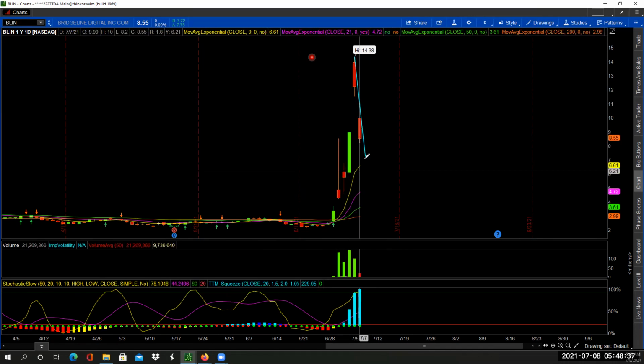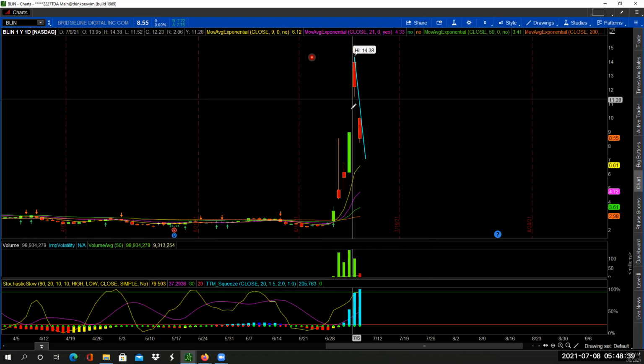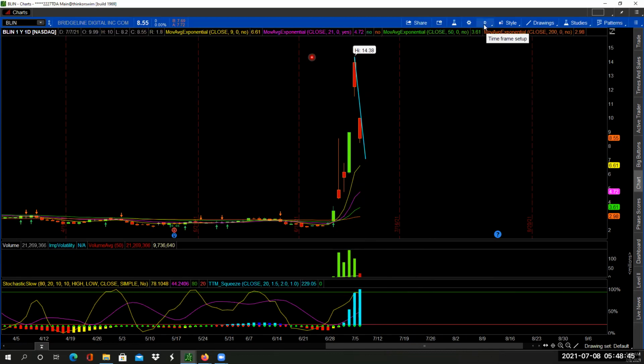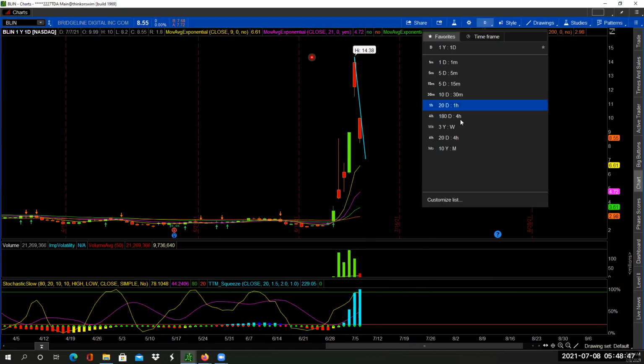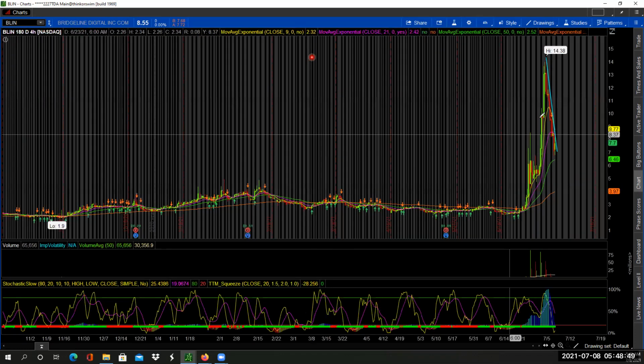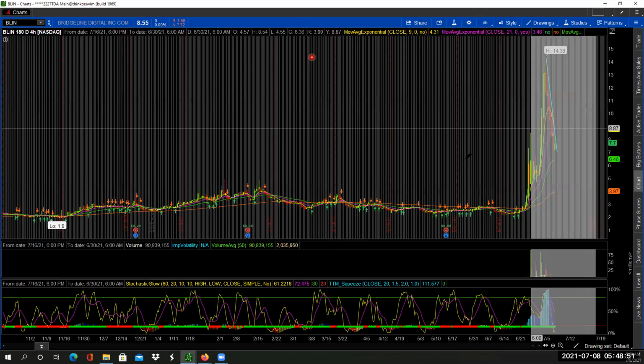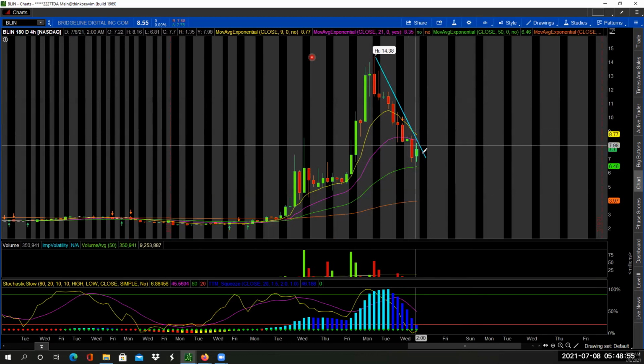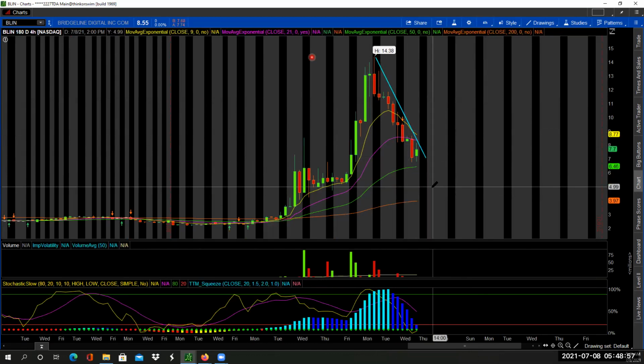Usually, like I've said, gaps fill 80% of the time. We can see this fill the gap, but depending on how strong the sell-off was, we can see it fill that gap or not. But we are bouncing off of the support here, off of 680.